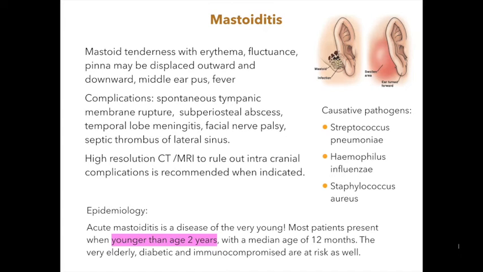The causative pathogens are similar: Streptococcus, Haemophilus, staph. We diagnose it through high-resolution CT or MRI together with the clinical findings, and the reason we do the imaging is to rule out intracranial complications.